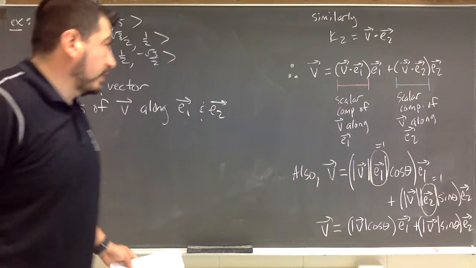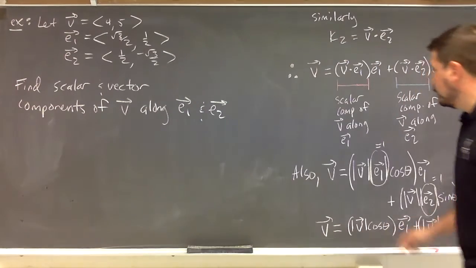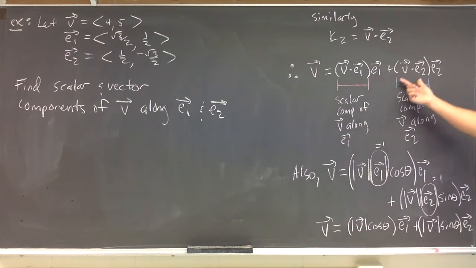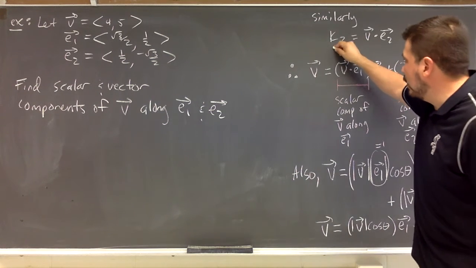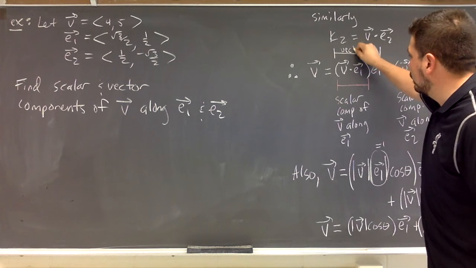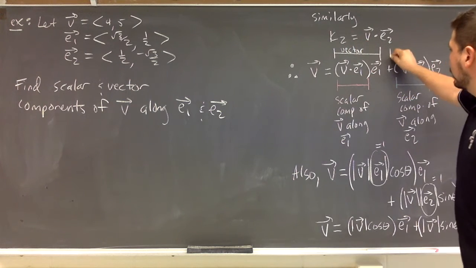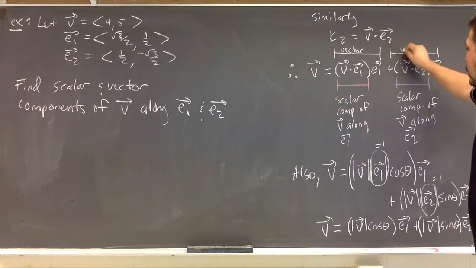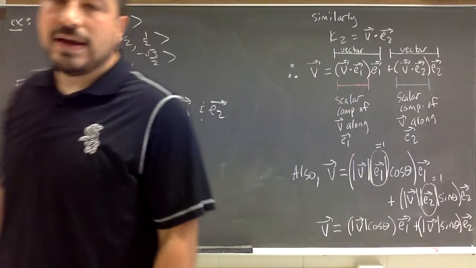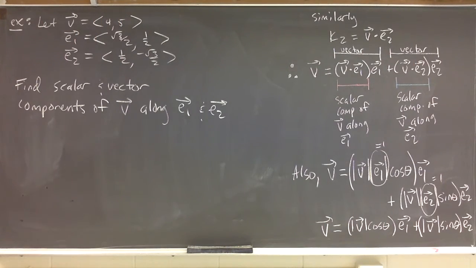Just to clarify here, here's the scalar component along E1, here's the scalar component along E2. This entire thing right here is the vector component. Same thing here. All right, so go ahead and pause the video, see if you can find those answers, and let's check.